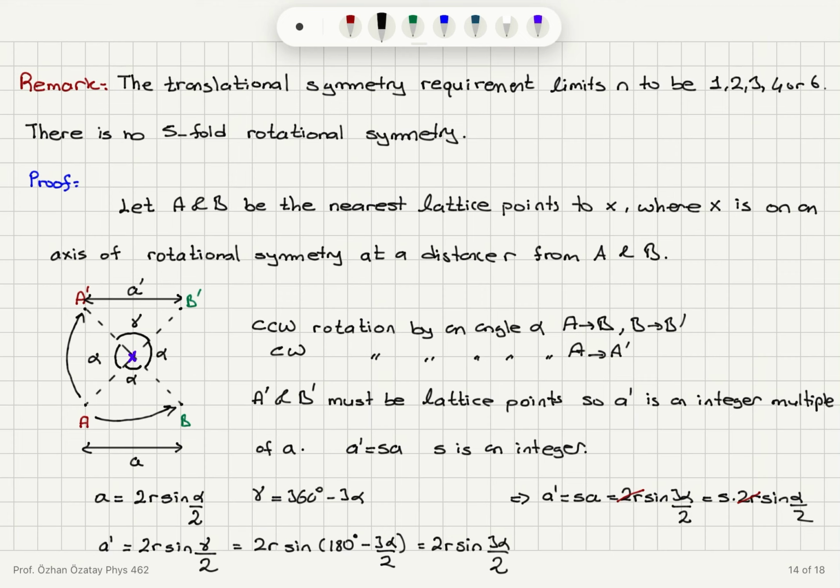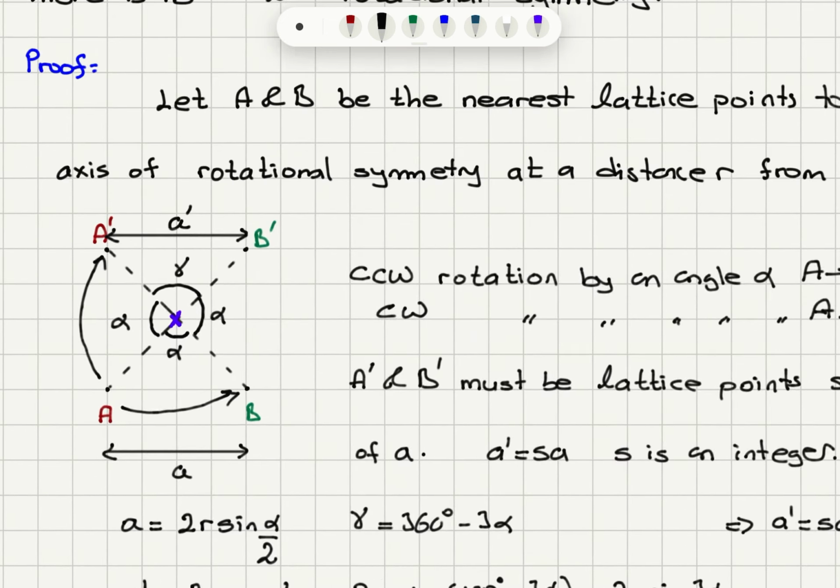And a prime is an integer multiple of a because it's the same angle alpha that I'm doing this rotation, clockwise or counterclockwise. And therefore A prime and B prime should be on the same line, and therefore the distance between A prime and B prime must be an integer multiple of the lattice constant a. So how can I find the relationship between angle and a?